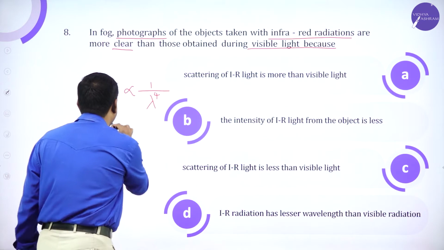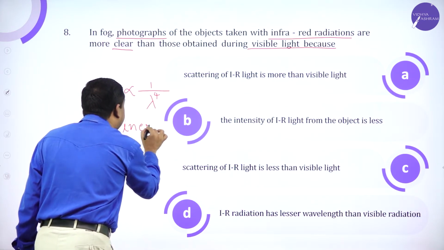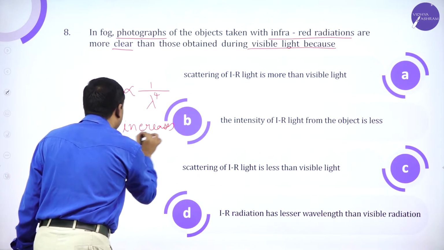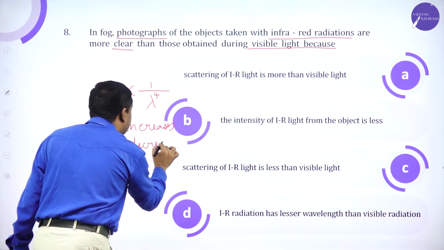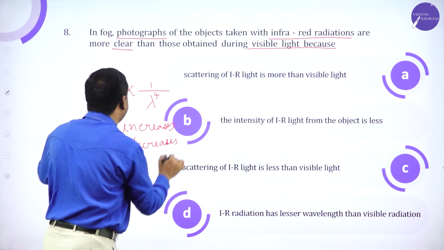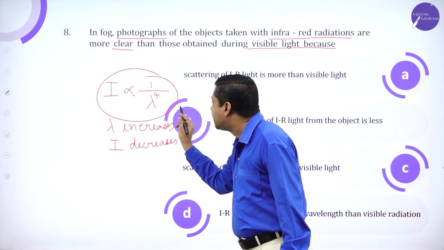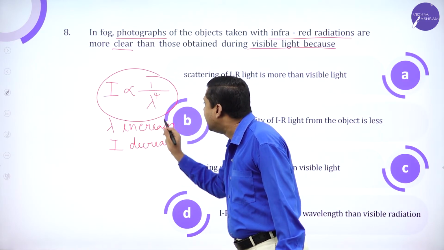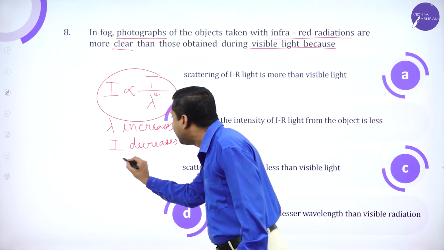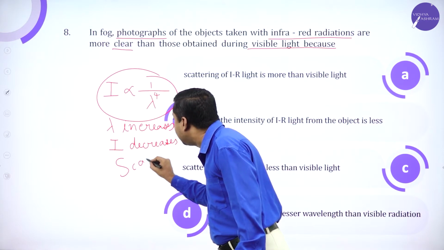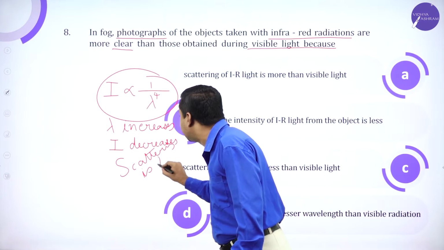As wavelength increases, intensity decreases, which means scattering of light is less.